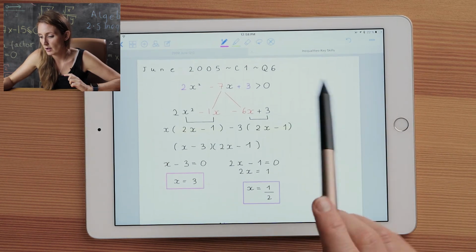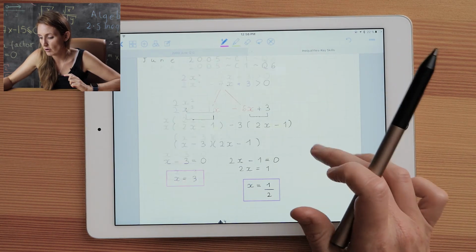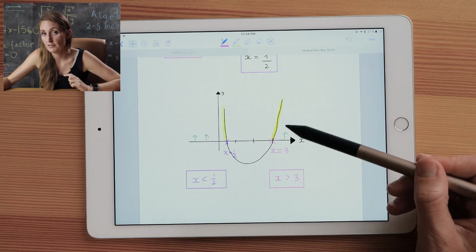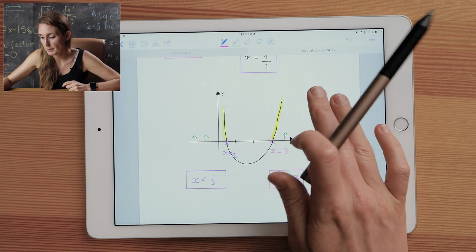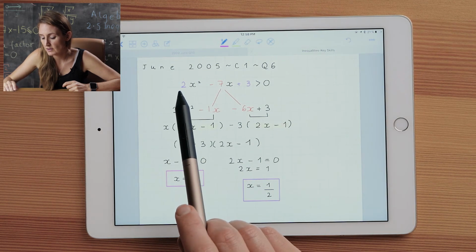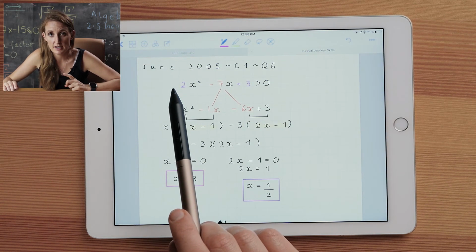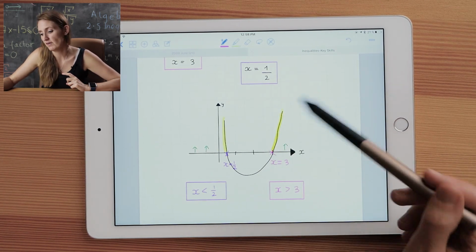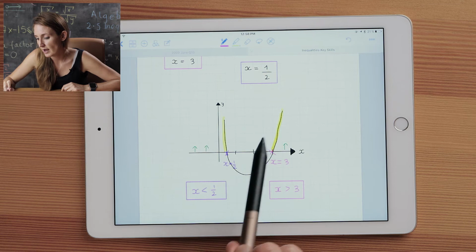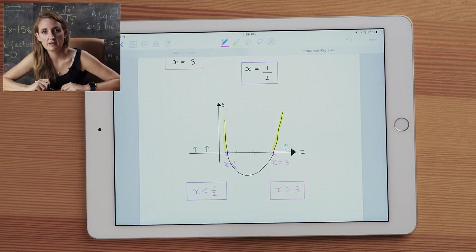Because our quadratic was bigger than 0, we shaded above the x-axis, above. It was a smiley face because the number in front of the x squared was a positive number, not a negative number, a positive number. So positive, think positive smiley face. We shaded two different areas, so we have two different answers.